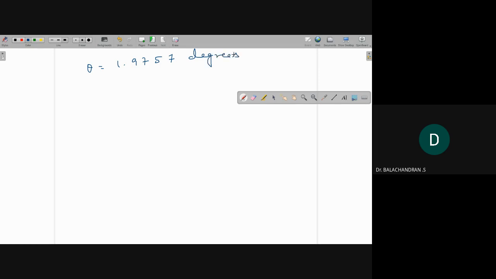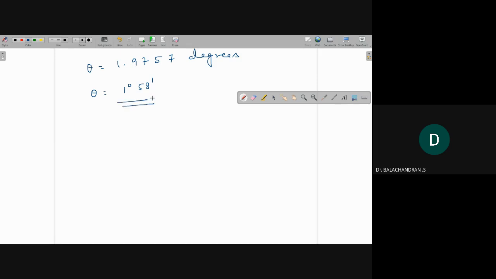Now press the degree, minute, second button. I think there is one in the calculator. If I press that button, you'll get 1 degree, 58 minutes. That is enough.